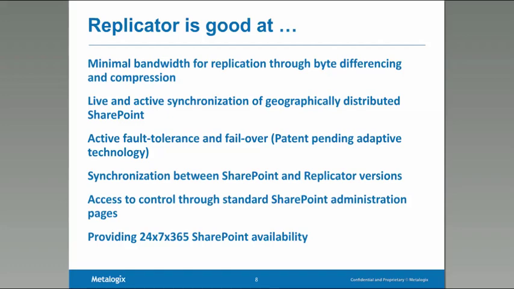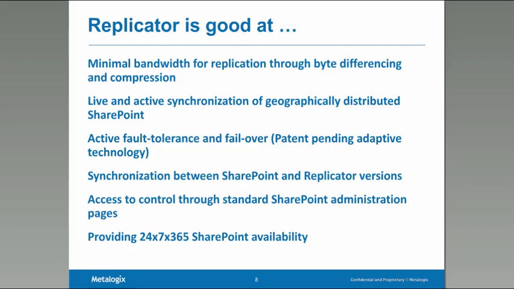Certainly, you might know that we can synchronize not only between Replicator versions, but between SharePoint versions: 2007, 2010, 2013, to be 2016 in another year or so, and across all Replicator versions that you might have installed, because we understand that when you have ships and low bandwidth environments, you might not be able to install and update the software at the same frequency that you can in your headquarters environment.